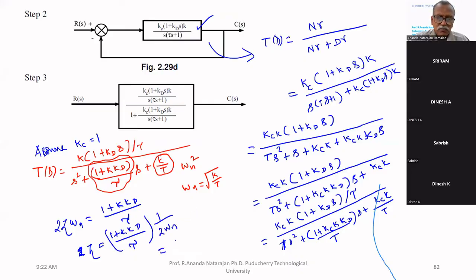Omega n equal to square root of K by tau, so 1 by omega n is square root of tau by K. So that is equal to 1 plus K KD upon 2 root tau K.